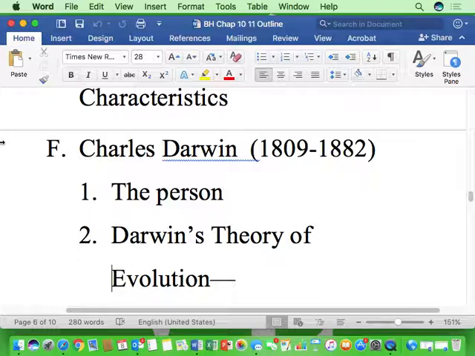So, in your textbook, and you'll see this in your assignment, they list 4 pieces of Darwin's theory of evolution. I'm going to talk about a couple of them, and then I'm going to try and glue them all together for you. So one of Darwin's observations was that organisms produce more offspring than the resources can support.